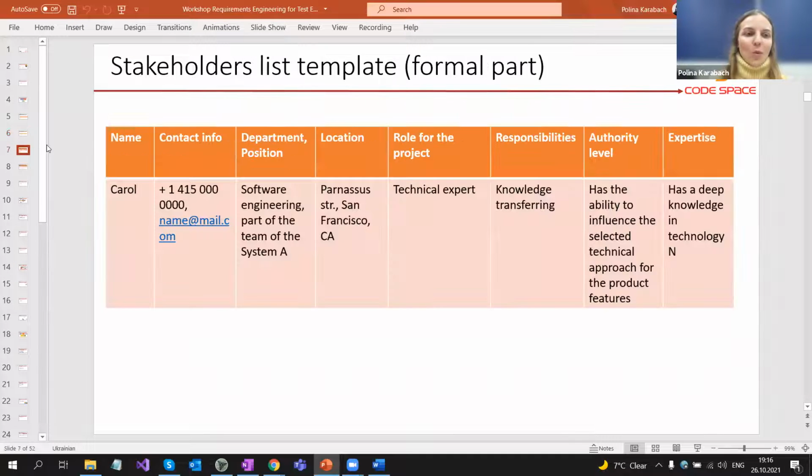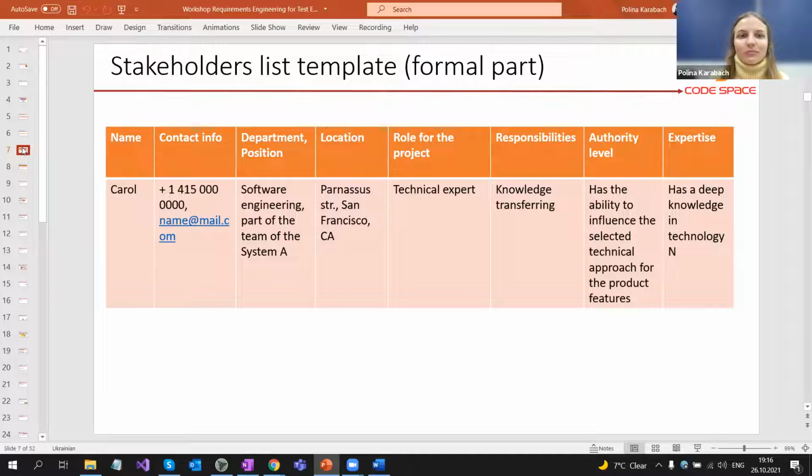And what can we do to make sure we're not missing anyone and that we understand the stakeholders in our project? There is a technique for a person who works with requirements and needs to gather information from different stakeholders, especially in a project with a big group of them and a lot of hidden information about them.